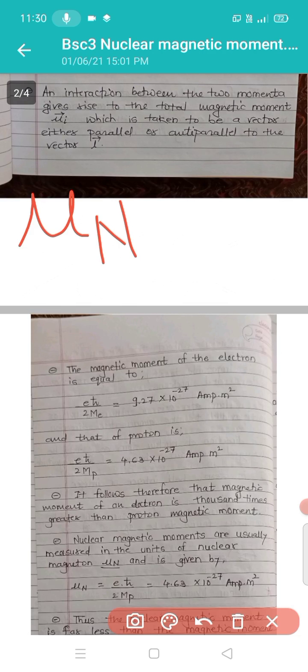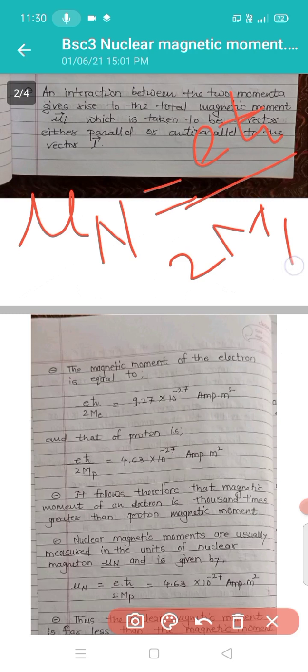It is represented as mu N, with capital N, and it is given as eh cross upon 2 Mp, where Mp is the mass of the proton, and it has the value 4.63 into 10 raised to minus 27 ampere meter square.